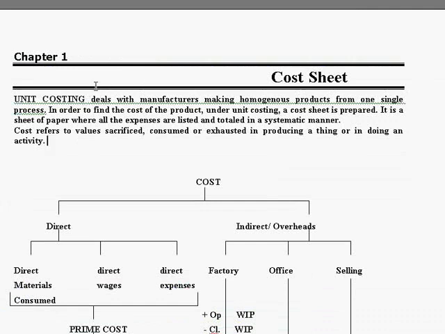So write down, unit costing deals with manufacturers making homogeneous products from one single process. Three things to be underlined here: manufacturers, homogeneous products, single process.